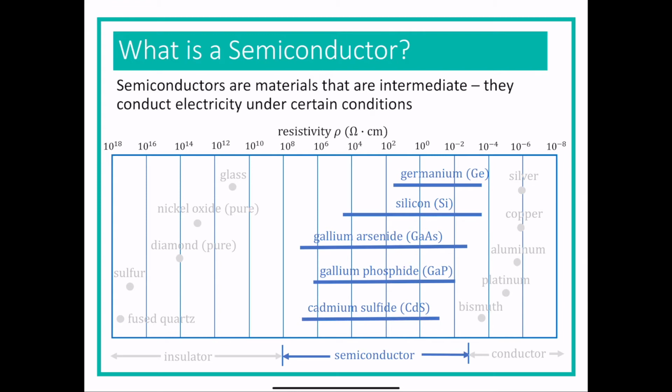So this is something that makes semiconductors unique. The resistivity or conductivity, those are just opposites, can be varied over orders of magnitude. Not just a little bit, but a lot. You notice that for silicon, you have resistivities from 10 to the fourth, almost to 10 to the minus fourth, and that's like 8 orders of magnitude almost. So that's a lot. And that's one of the reasons that they are different.